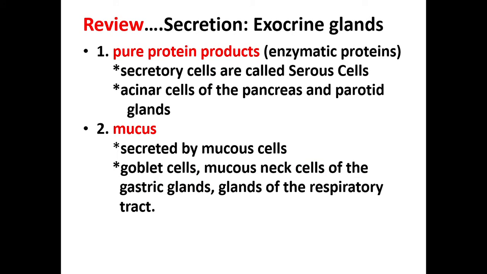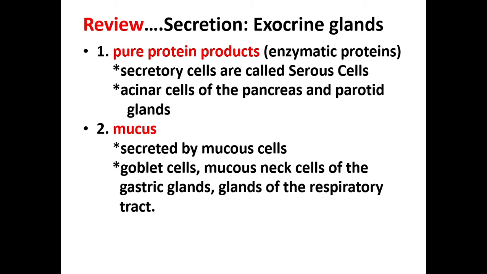The secretions of the exocrine glands are the following: pure protein products or enzymatic proteins. The secretory cells releasing this type of substance are called serous cells. These are best exemplified by the acinar cells of the pancreas and parotid glands.